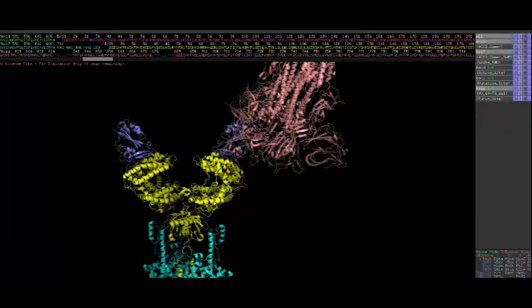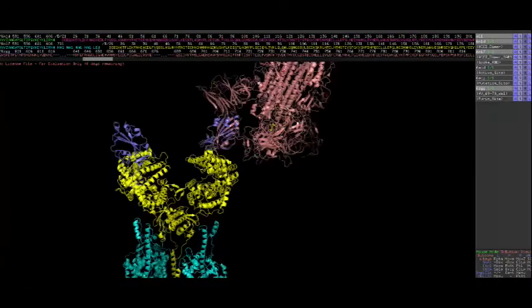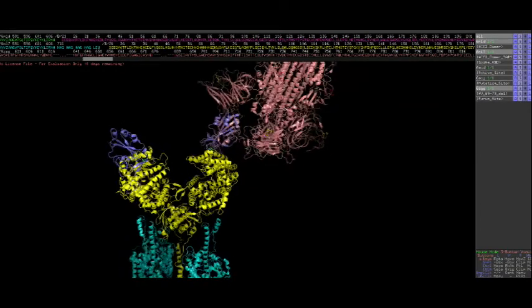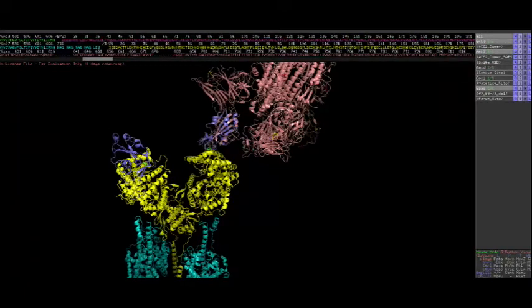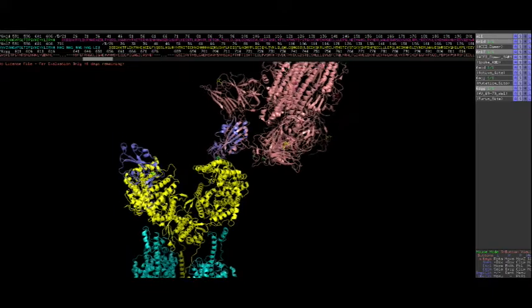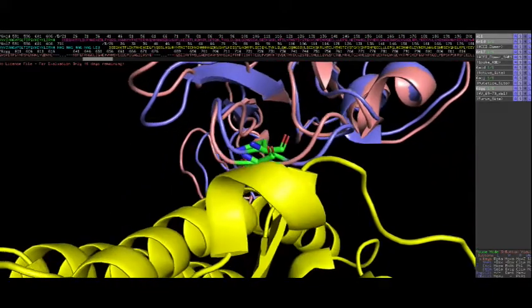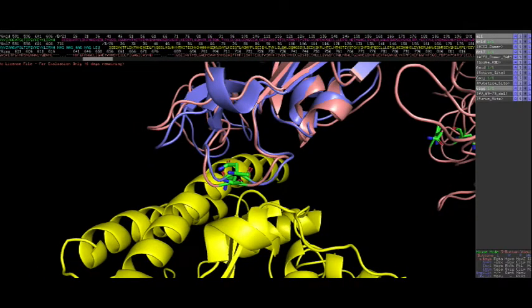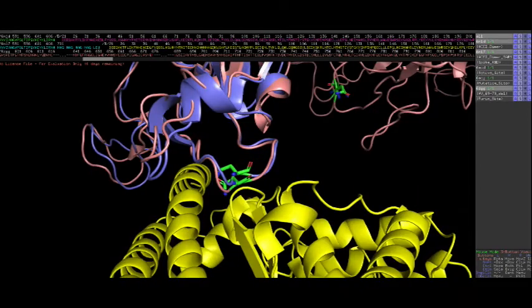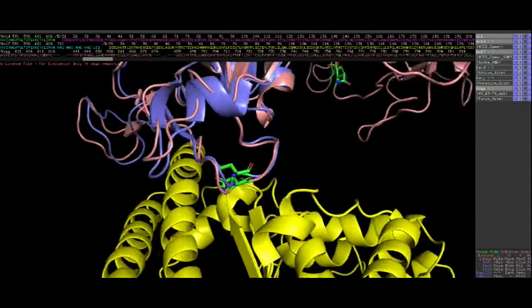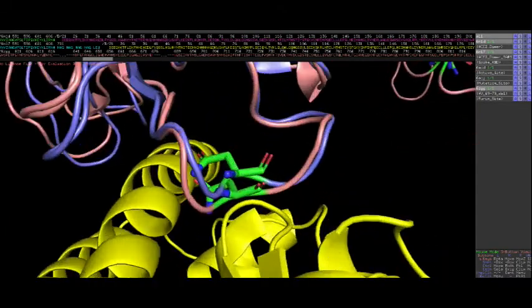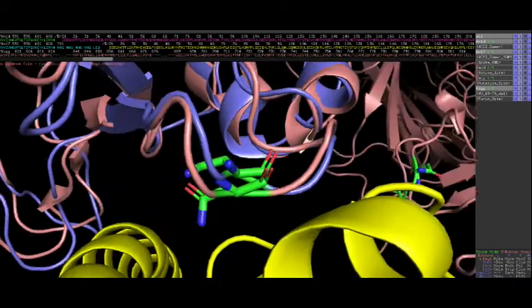I have the structure of that here, and we can actually see, in yellow here is the human ACE2 receptor, and up here is the SARS-CoV-2 spike protein. We can zoom in to where the SARS-CoV-2 spike protein is making contact with the human ACE2 receptor. This doesn't show the mutation. This is asparagine.